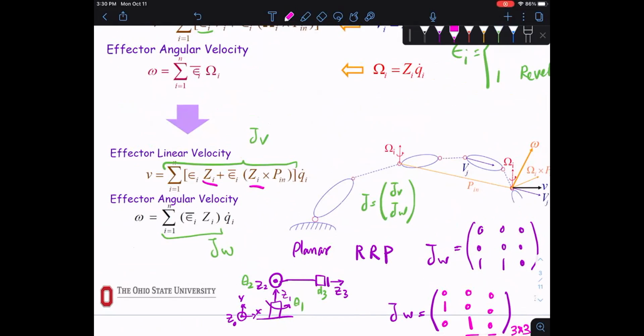We have all the Z axes already. So it's a good idea when you're writing the Jacobian, find J omega first, because there are all the axes, Z1, Z2, Z3, base frame. And all you have to do is find the distance and do some multiplication. Right? Connor, following?